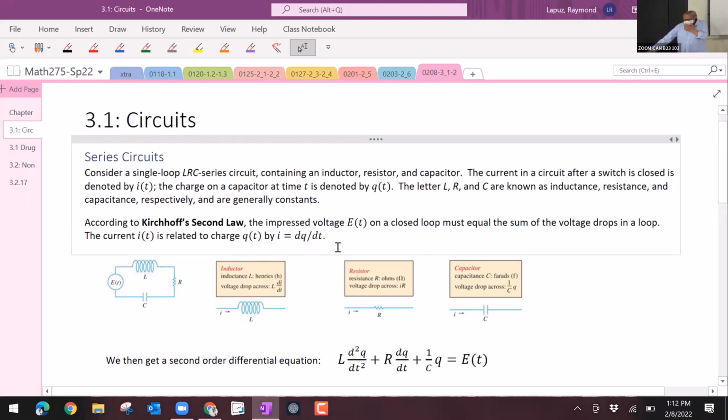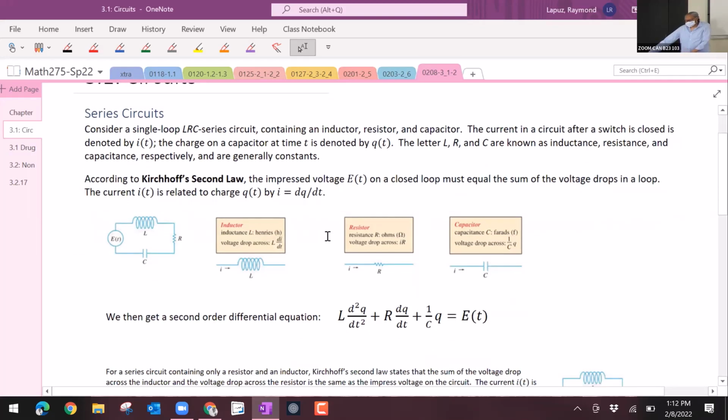The letters L, R, and C are constants, or sometimes functions. They're known as inductance, resistance, and capacitance. So L is inductance, R is the resistance, and C is capacitance, generally constants, but not always, as we're going to see in the problem that we're going to do.